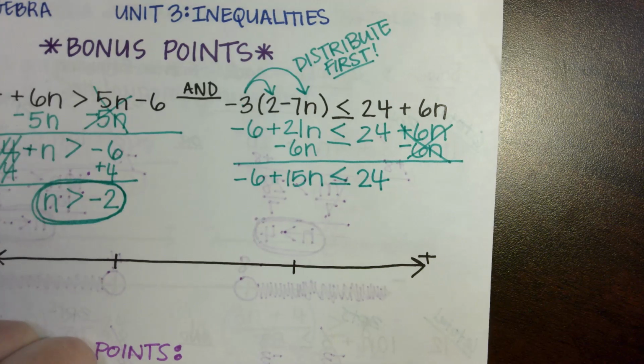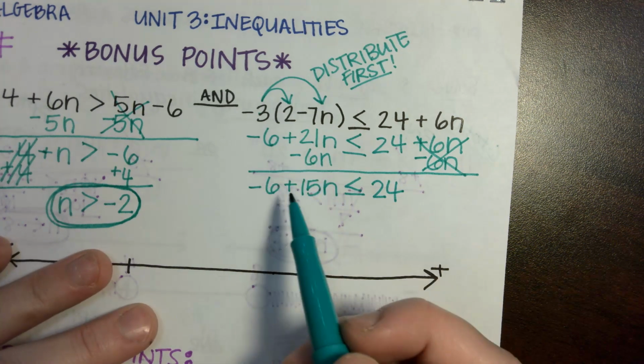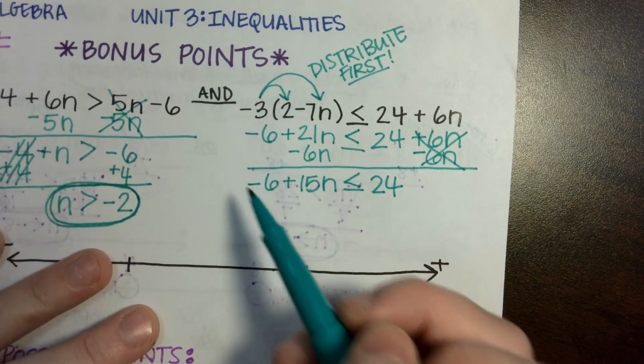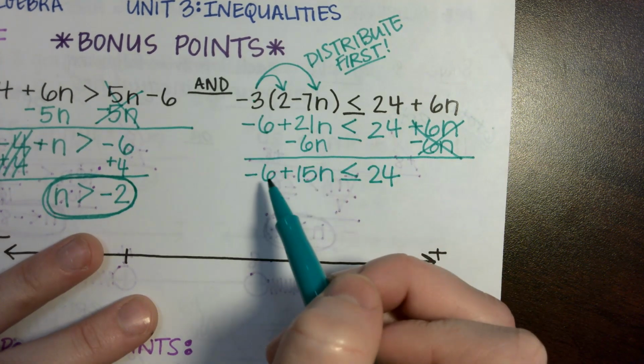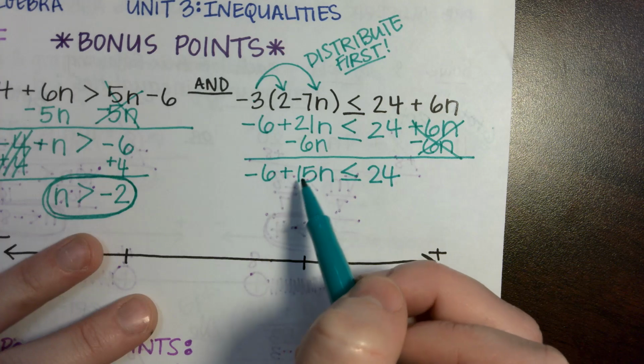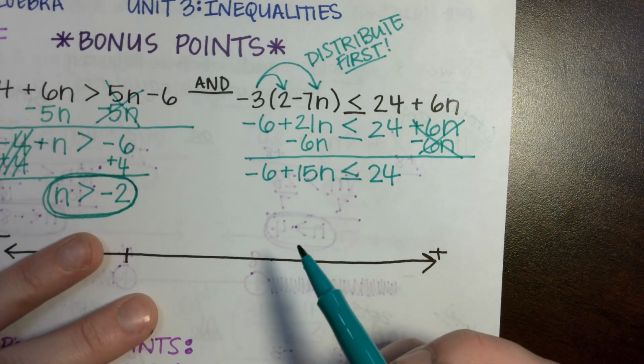Okay. I'm going to give us a second to all get to that point. Is anybody confused about how we got to here? We all got it? Okay, so now I've got -6 plus 15 times n is less than or equal to 24.